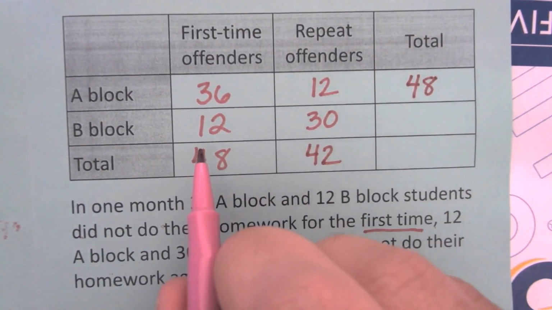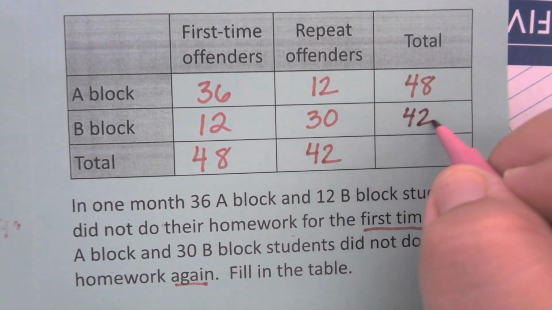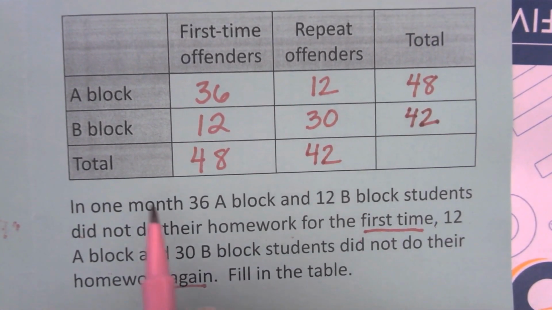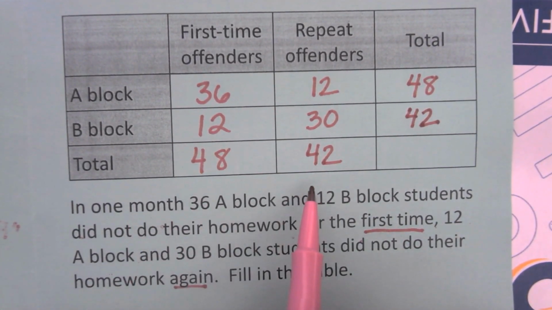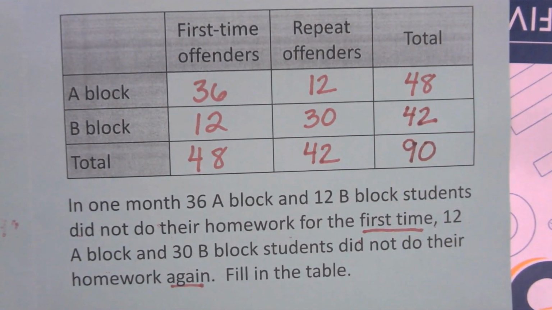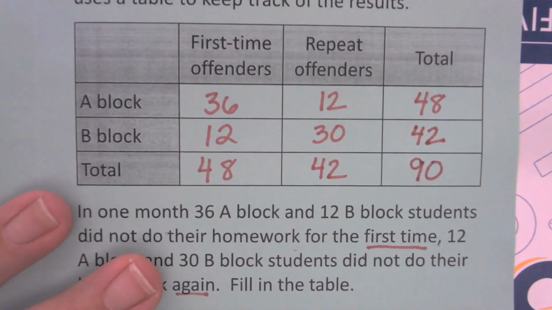In B block, there's 12 and 30, which is 42 total B block students. And then in the total, we have 48 and 42, which is a total of 90 students. So here's our table.